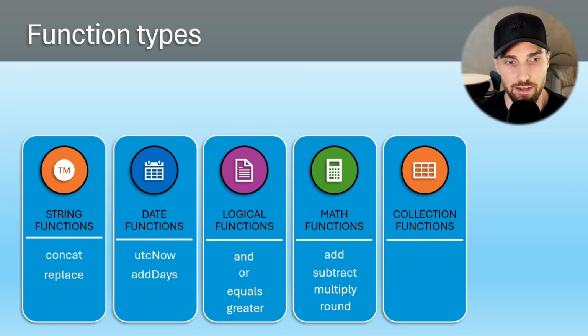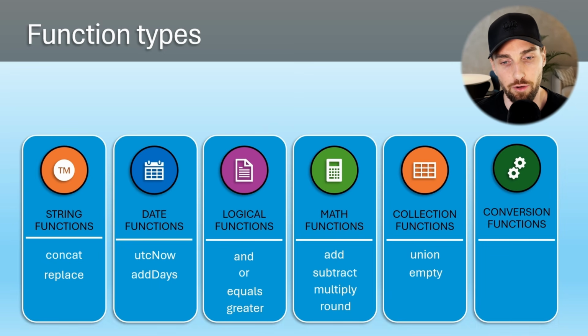These functions are essential for handling complex data structures within pipelines. One example is the union function that can combine two arrays together. Another example is the empty function that returns true if an array or object is empty and false if it's not.